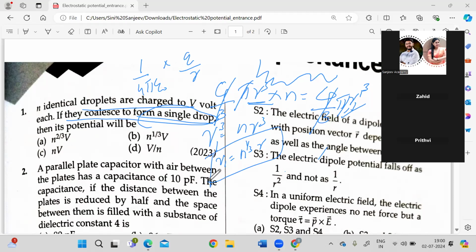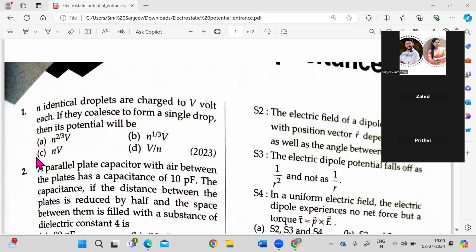And guys, if you're not able to understand, no need to worry. I'll be helping you out with the same. First step is what? If you want, I'll just clear everything out. Volume of the sphere, correct? 4 by 3 pi r cube.